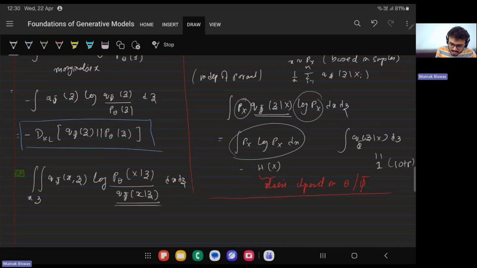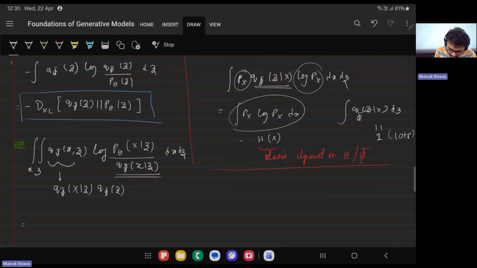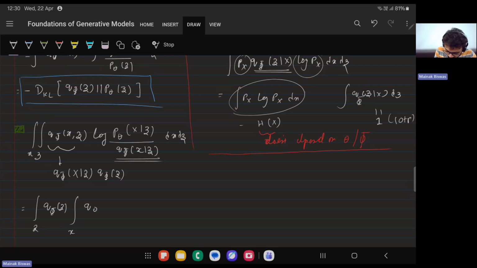I want to write a KL divergence again. So what will I do? I'll not use the same colors. I'll write this as q phi of x given z times q phi of z. Clear? As soon as I do this, I can write this as the integral of q phi of z, this is over z, and the inner integral is over x, of q phi of x given z, with a negative sign, log of q phi of x given z over p theta of x given z, dx dz.